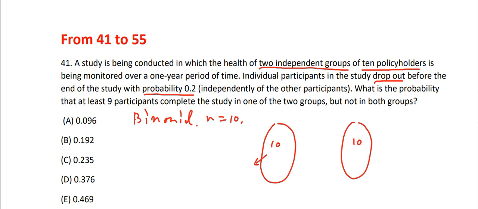So what do we want to find? Let's check this. What is the probability that at least 9 will stay, will complete, in one of the two groups, but not in both? So this means at least 9 stay, or drop.